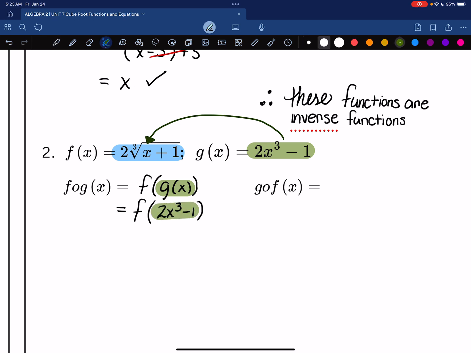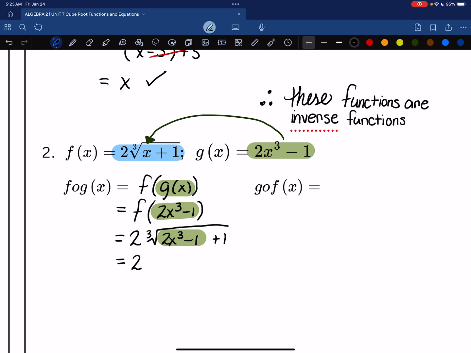Okay, so now let's go ahead and do that. My f function is 2 cube root of the input, but in place of that input of just x, I'm going to plug in my whole green rule there, which is 2x cubed minus 1, and then the plus 1 from the blue rule. Still there. Okay.